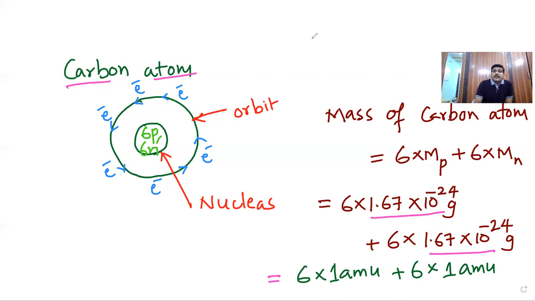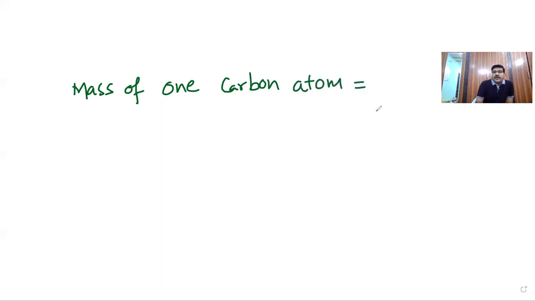Now, if I add those 6 amu and 6 amu, completely 12 amu. Mass of 1 carbon atom is equal to 12 atomic mass units. Is it clear first? 12 atomic mass units.